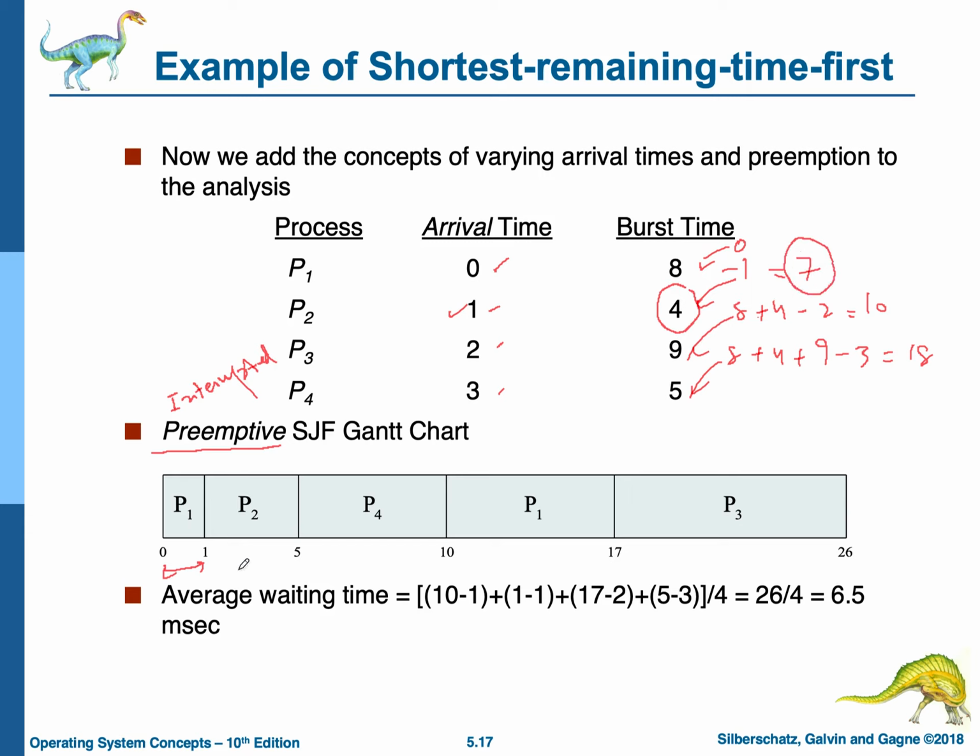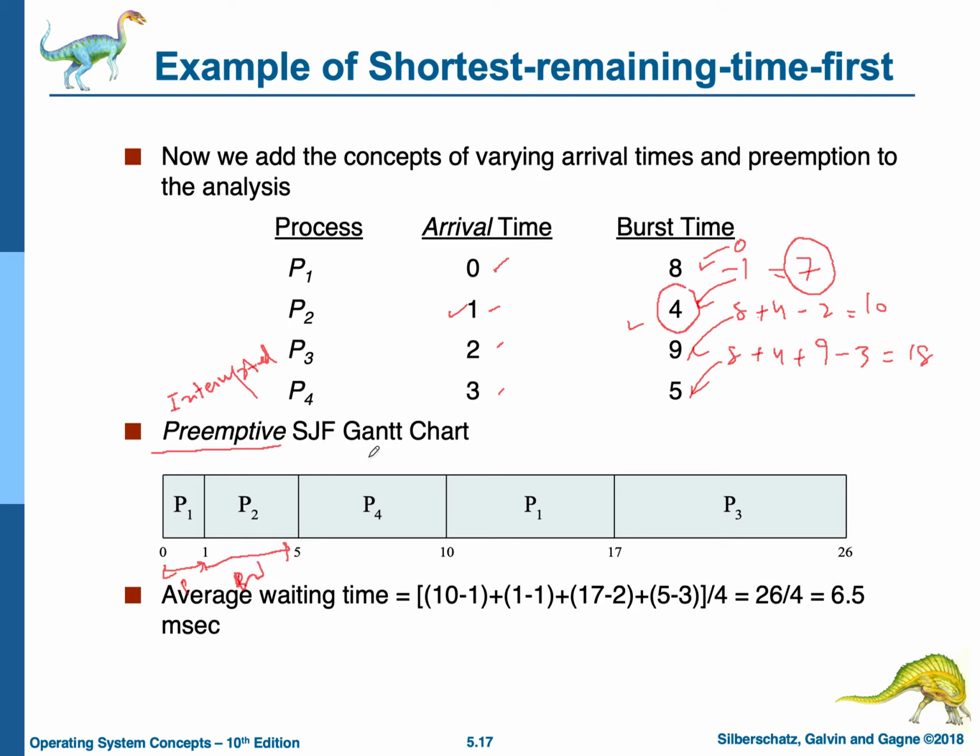So the CPU decided that P2 is the shortest job, P1 was paused, and the CPU started working on P2.